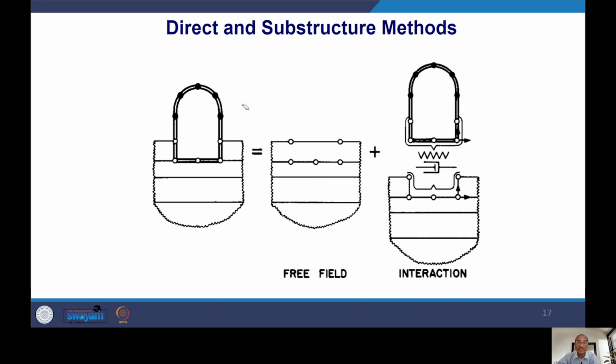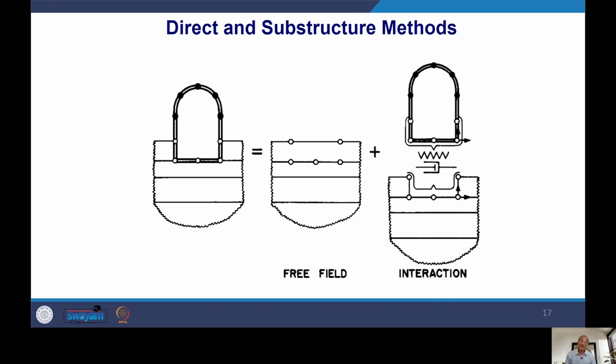That means here you need to understand that you are analyzing the structure, including its foundation, with some part of the soil, which is again a layered half space system. That means it is assumed that both structure and soil are bonded together. We are not uncoupling them. Okay, so in this case it is called the direct method.